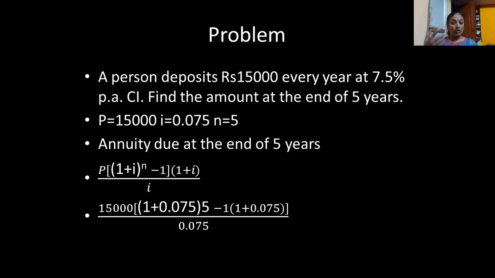As I have already mentioned in my earlier videos, first consider the bracket, that is 1 plus 0.075 raised to the power of 5. That becomes 1.075 raised to the power of 5. So 4 is left out, since 1.075 is already taken once.